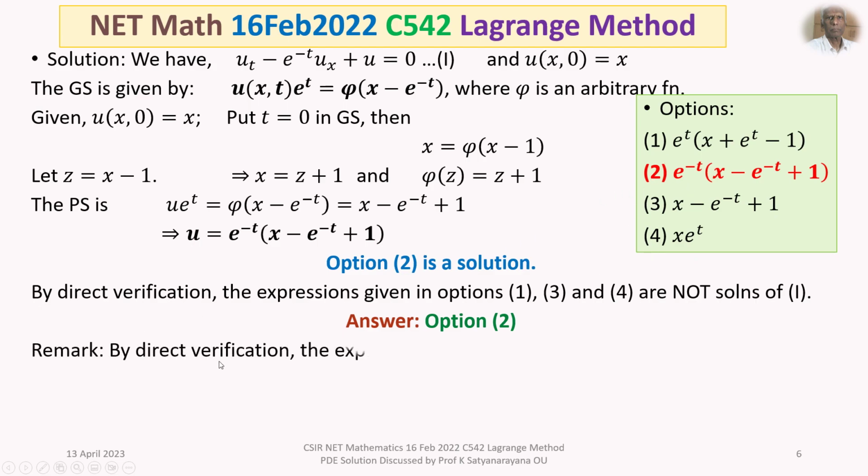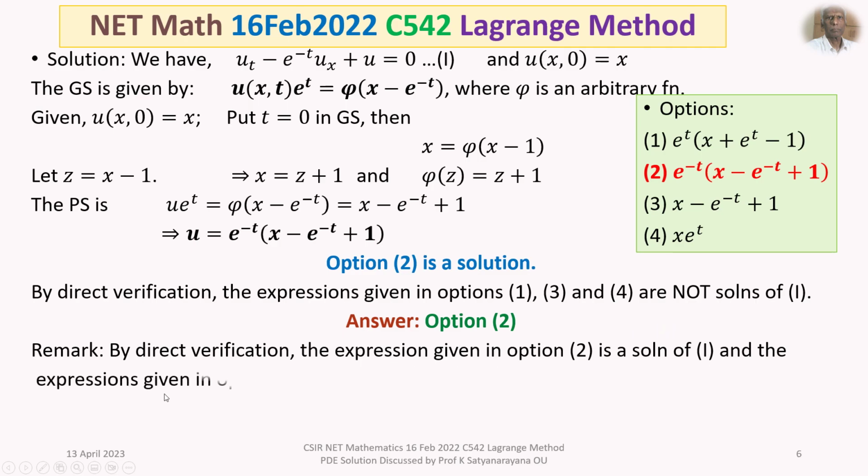So, remark: by direct verification, the expression given in option 2 is a solution of 1 because it satisfies the given differential equation, and the expressions given in options 1, 3, 4 are not solutions because they do not satisfy the given partial differential equation. Many students do it just by verification without going into the method. But anyway, the method I have shown you is the best way of doing a question. Agreed. So, the answer to this question is option 2.